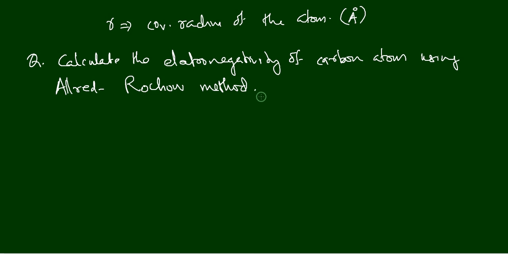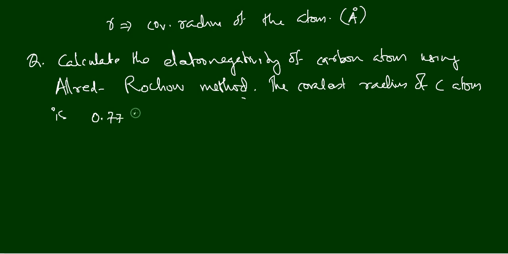Also, some other data is given in the question. The covalent radius of carbon atom is 0.77 angstrom, and the Z effective or effective nuclear charge Z effective is equal to 2.90, okay.